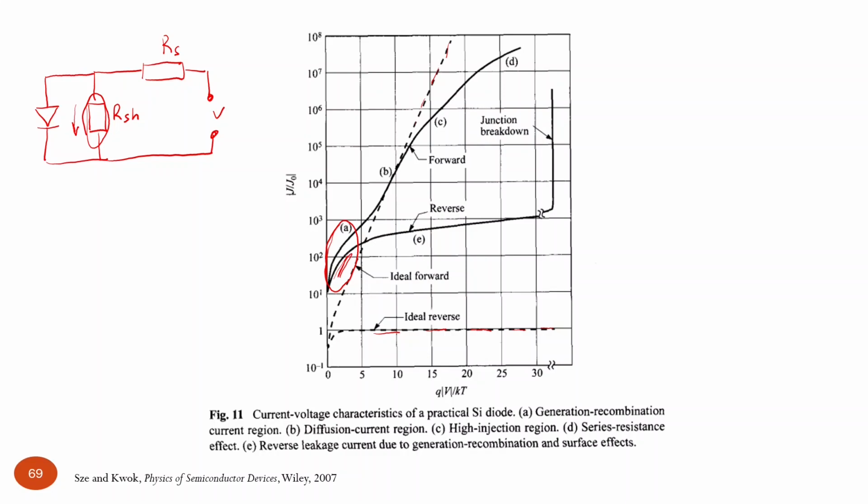Then you see this narrow range where the real current voltage characteristic overlaps with the ideal, and this is the region of diffusion current, like pure diffusion current.